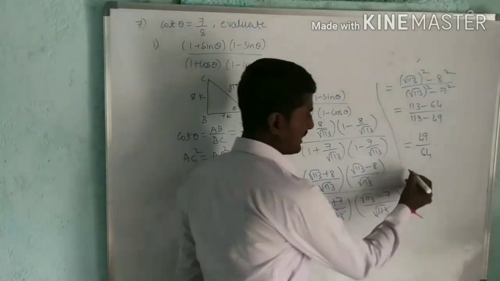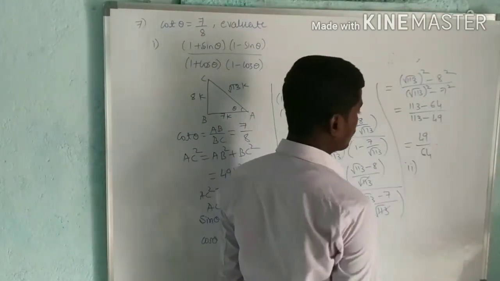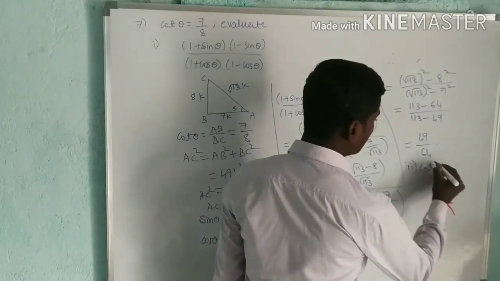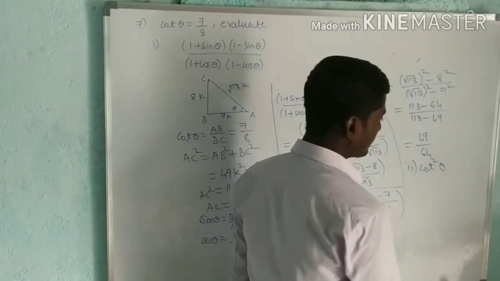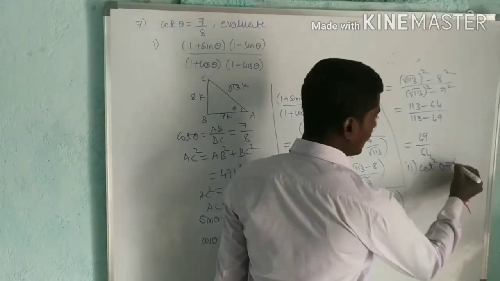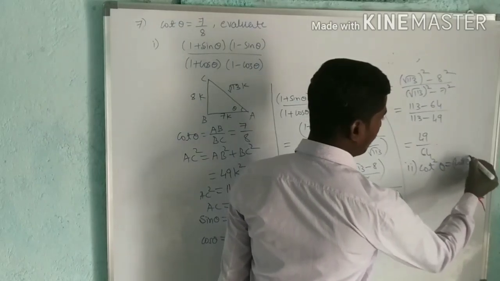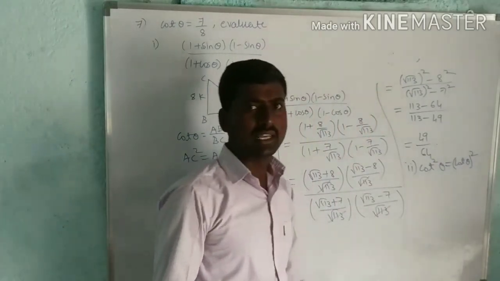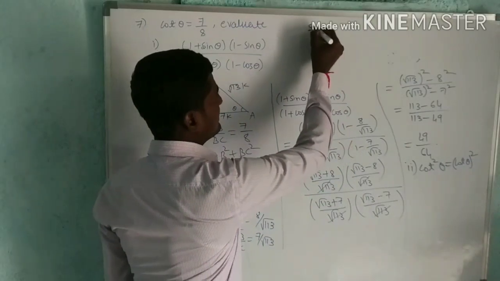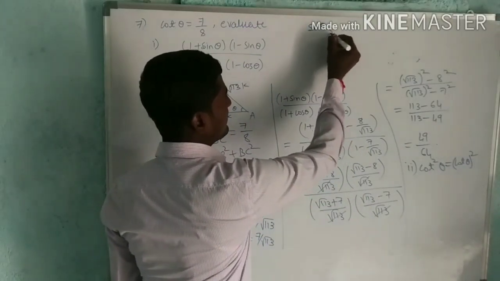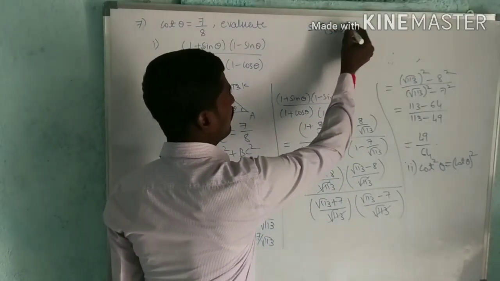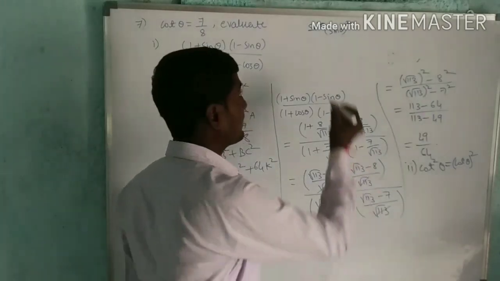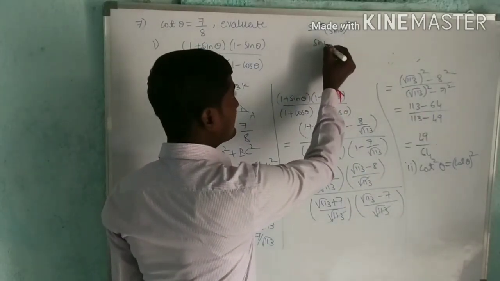Then the second one they said is cot square theta. This cot square theta can be written as cot theta whole square. Anywhere, if sin square theta is there, I can write this as sin theta whole square. But it cannot be sin theta square.